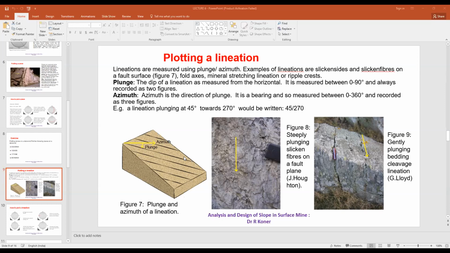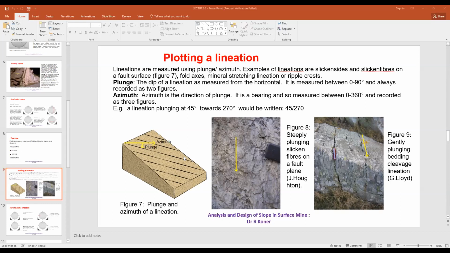Two things we have to maintain: the dip angle we measure should be of 2 digits, 0 to 90. If it is 0, then 00. If it is 90, then 90. And the azimuth should be recorded in 3 digits.